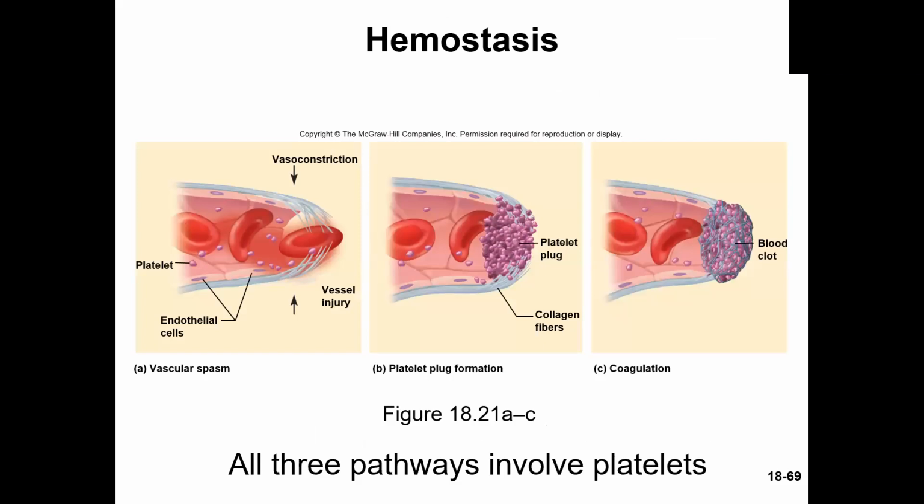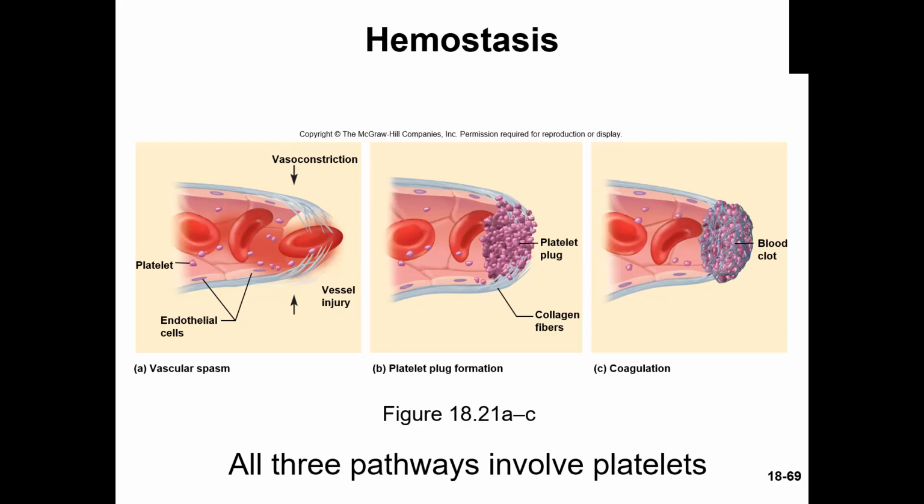Within the first picture, you can see that there's been some type of vessel injury where the blood wants to leave the vessel, or that would be a vessel, or some type of tube or tissue. Immediately, where the injury of the vessel occurs, there's a collapse. There's nothing to hold the wall up anymore.